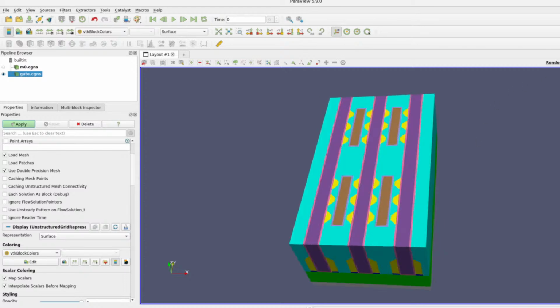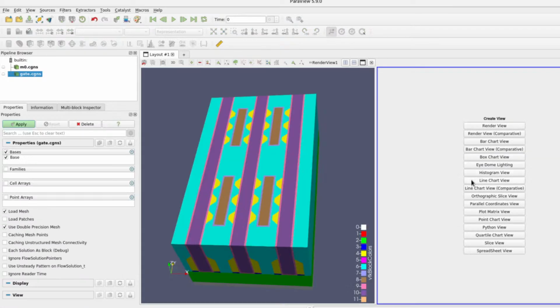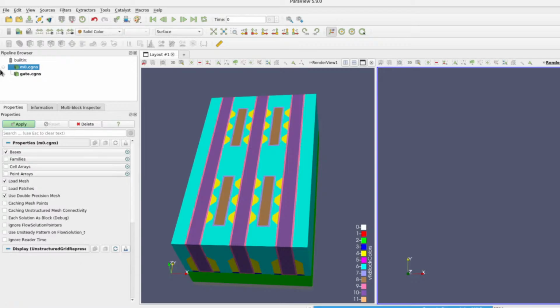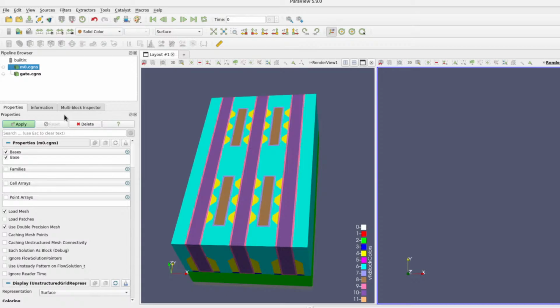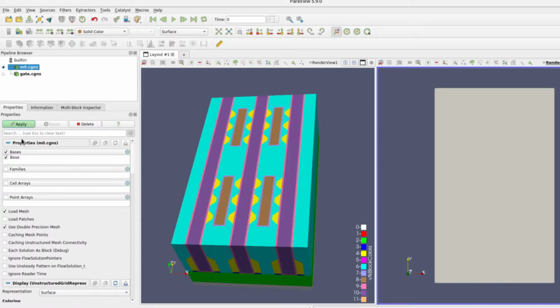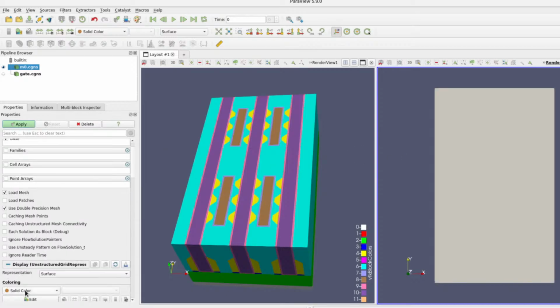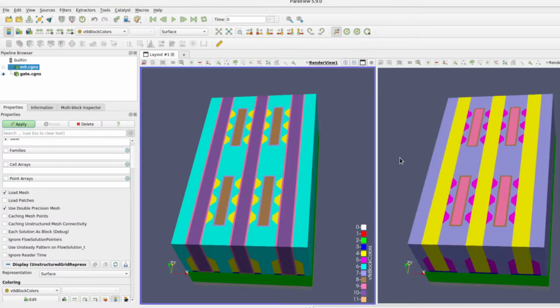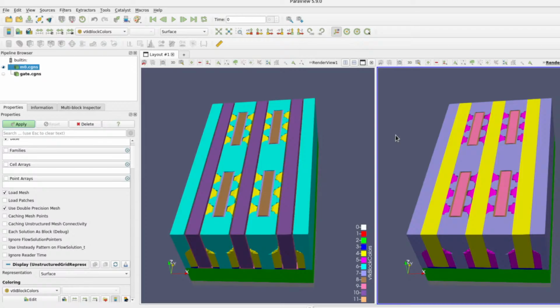Why don't we make a comparison between these two? One is the one before we introduce the metal process. So yes, just link the camera so they are the same.